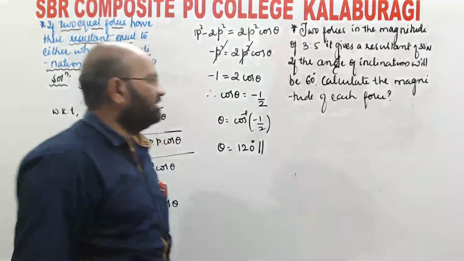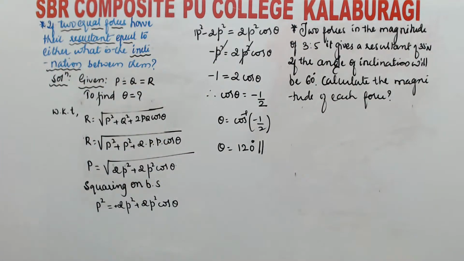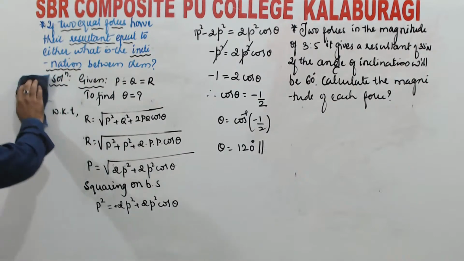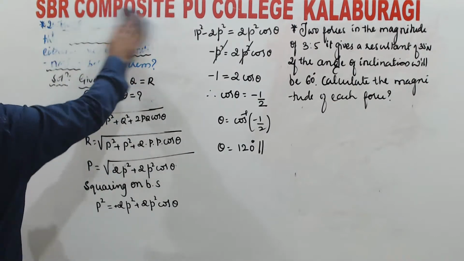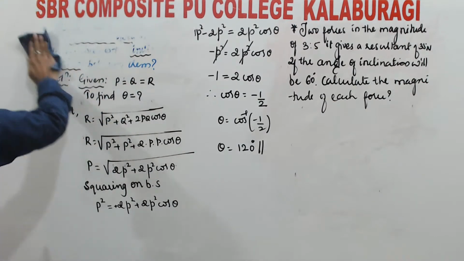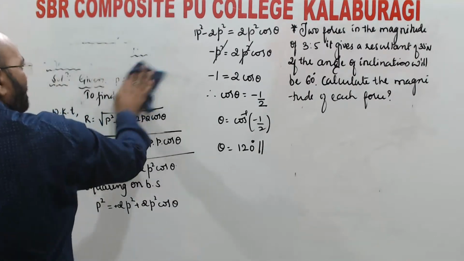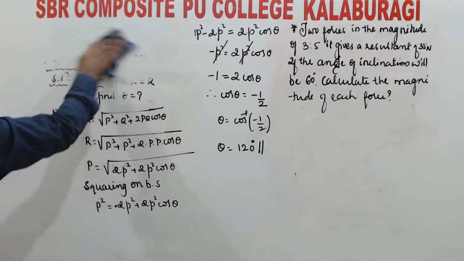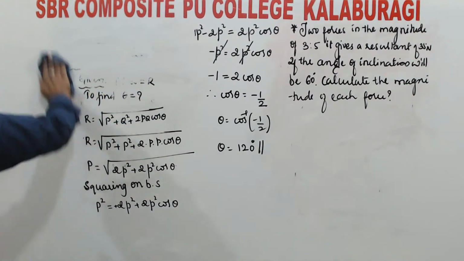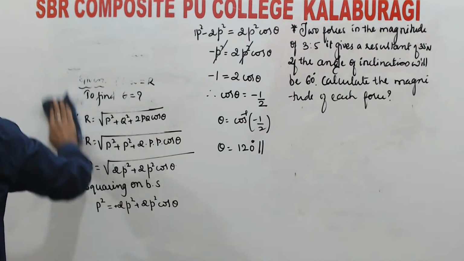That we have to calculate. Think on the question, then we can go for the solution of this question now. Find the magnitude associated with the corresponding two forces. How much will it be? That we have to calculate.